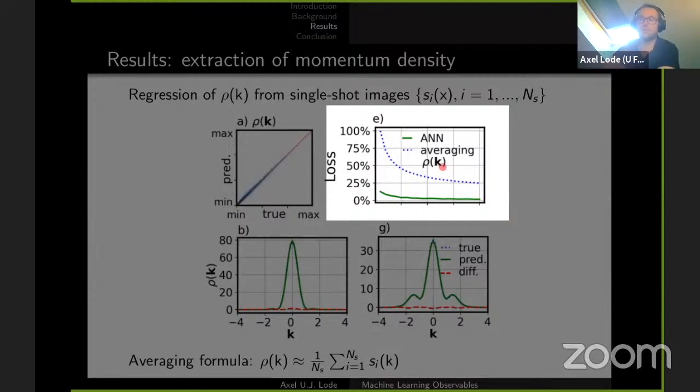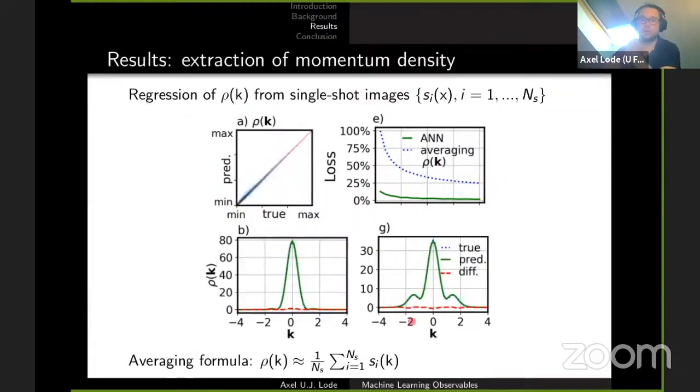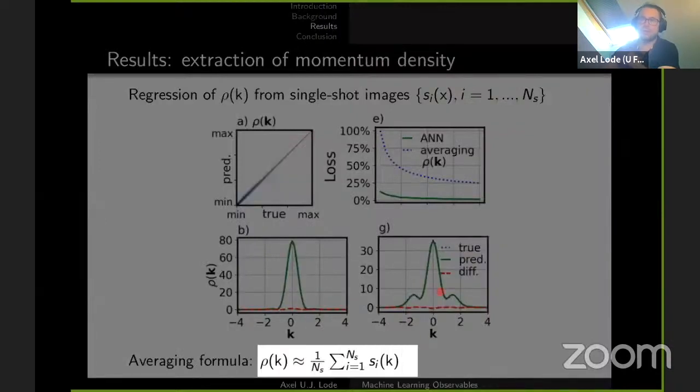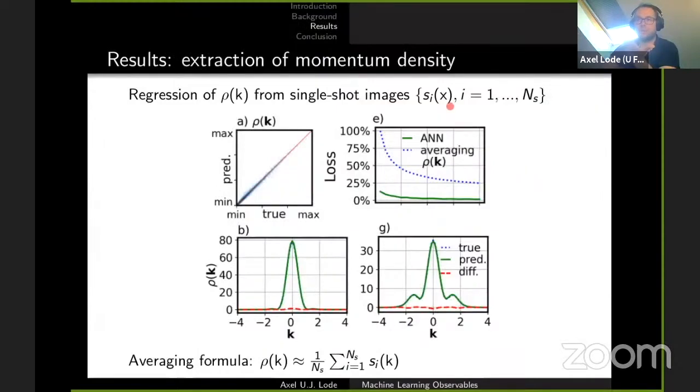We chose the most unfair comparison possible. Namely, we took the momentum space single shots and averaged them, because there's no direct way to compute the momentum space density from the single shot images in real space via averaging.